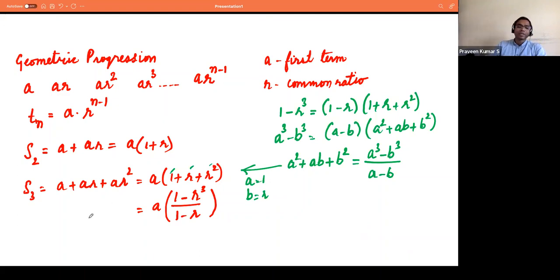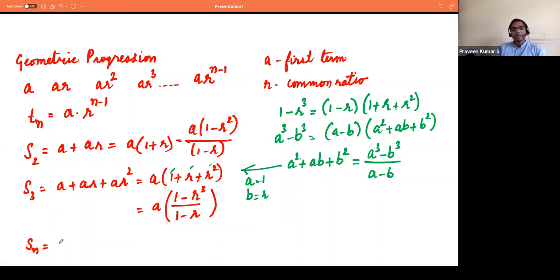Right? Now just going forward, if you observe this, I can also write this as 1 minus r square divided by 1 minus r. Why am I writing that? Just to show you one more pattern.